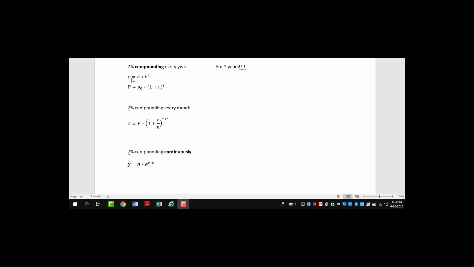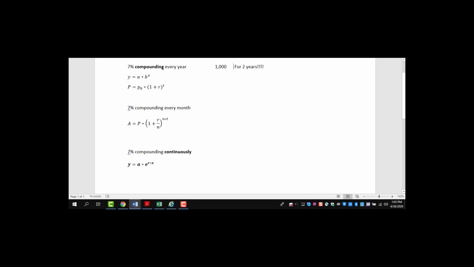Okay, so I'm gonna take a certain amount of money. We'll take, say, $1,000. And we're gonna invest it for 2 years under these different scenarios. Scenario 1 means I'm going to get 7% every year for 2 years.